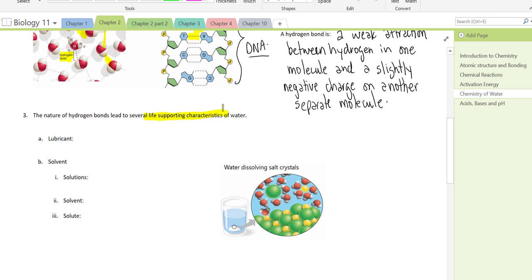So first off, water acts as a good lubricant. So the polarity and hydrogen bonding of water make it a good lubricant.